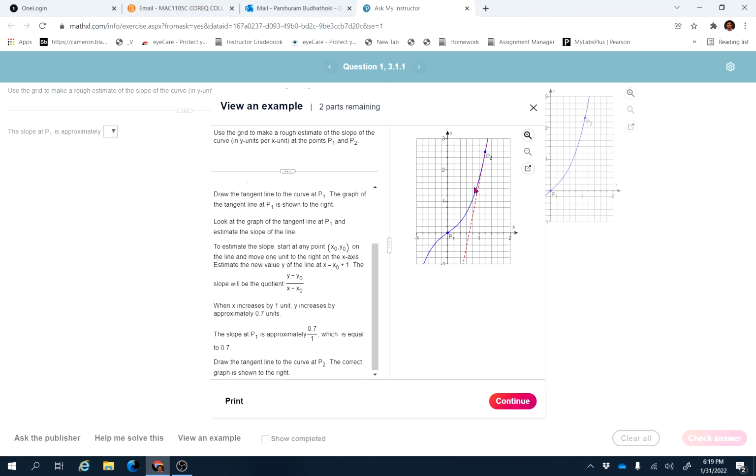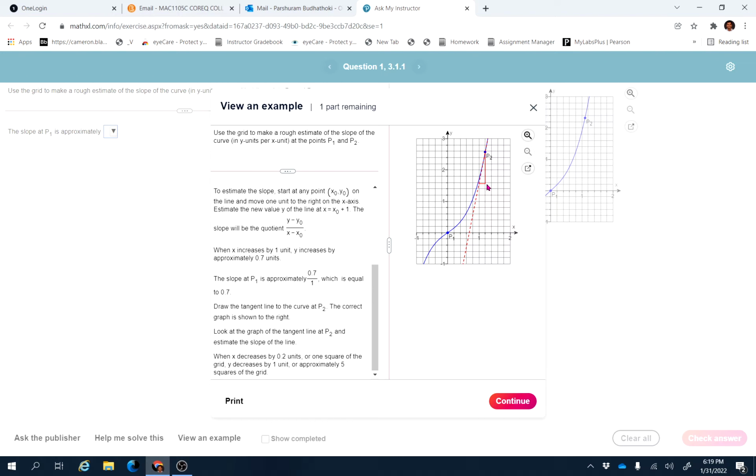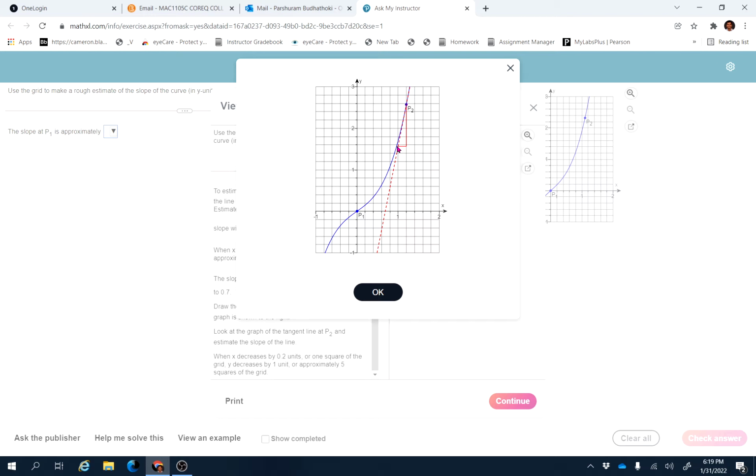This is a tangent line, and just pick 2 points. Here in this case we are picking this point on the line, as you can see here, which is at x equal to 1 and y equal to, it's in between 1 and 2.